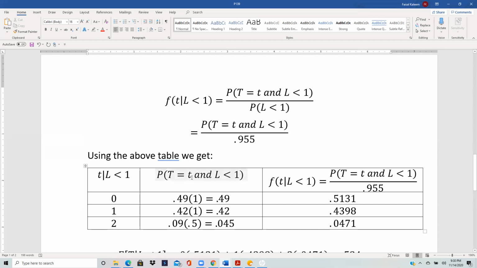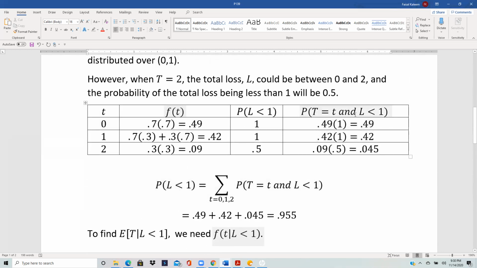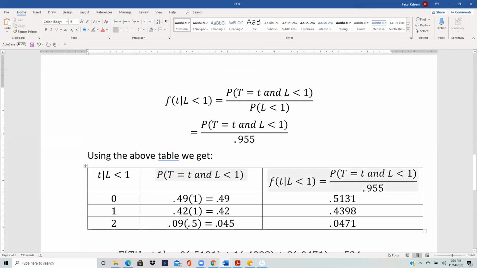Then the probability of t given L is less than 1 equals the probability of T equals t and L is less than 1, divided by the probability of L less than 1. So this column is basically the previous column divided by 0.955, and you get these values.